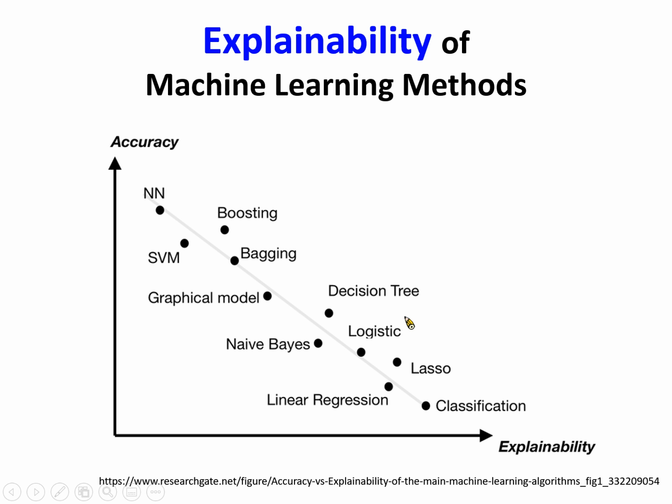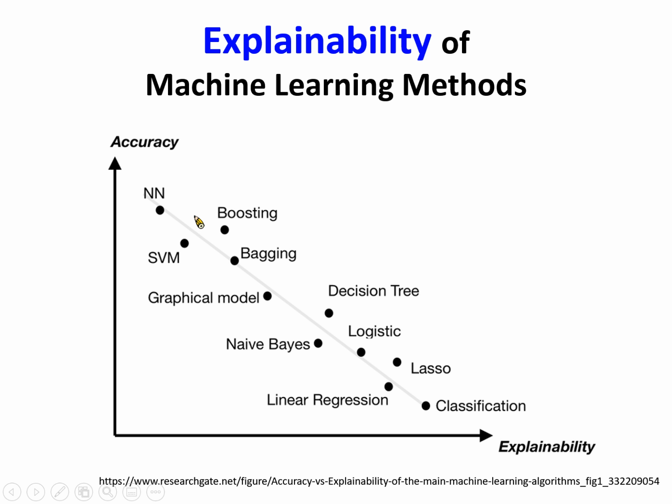For the other methods we will explore in this course, we will find that decision trees have better accuracy but a little bit lower explainability. And you can see that the support vector machine can have better accuracy than linear regression, but it has lower explainability.